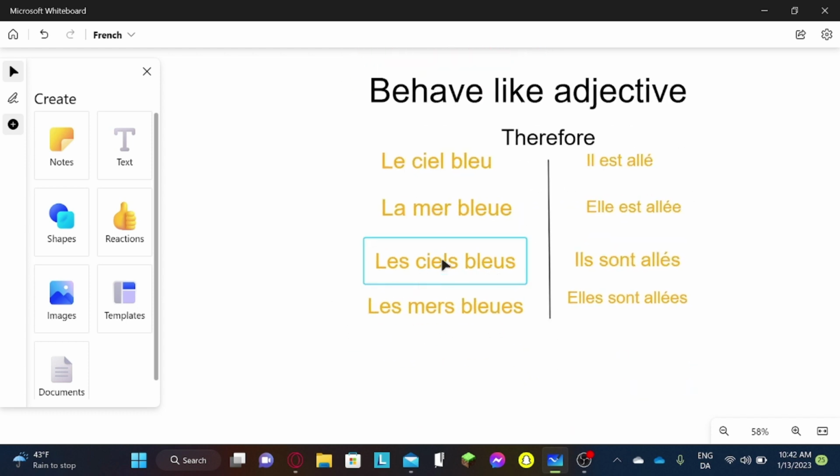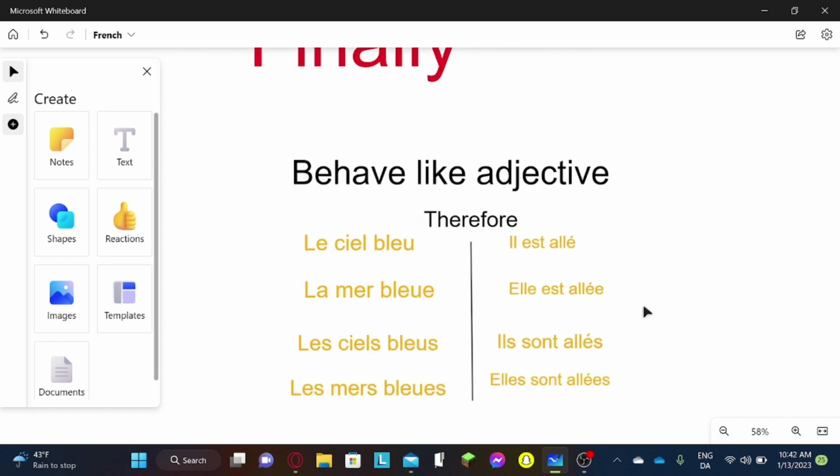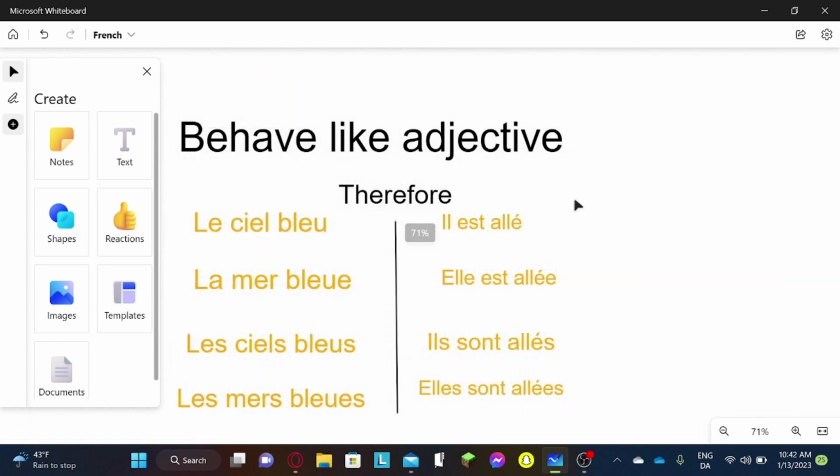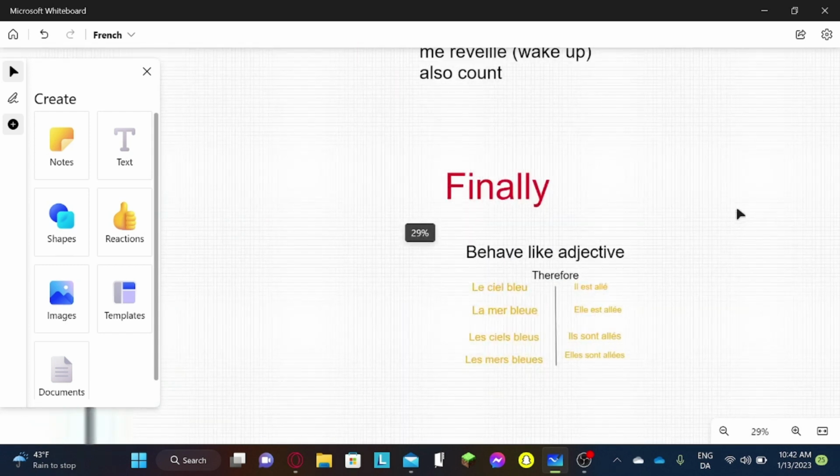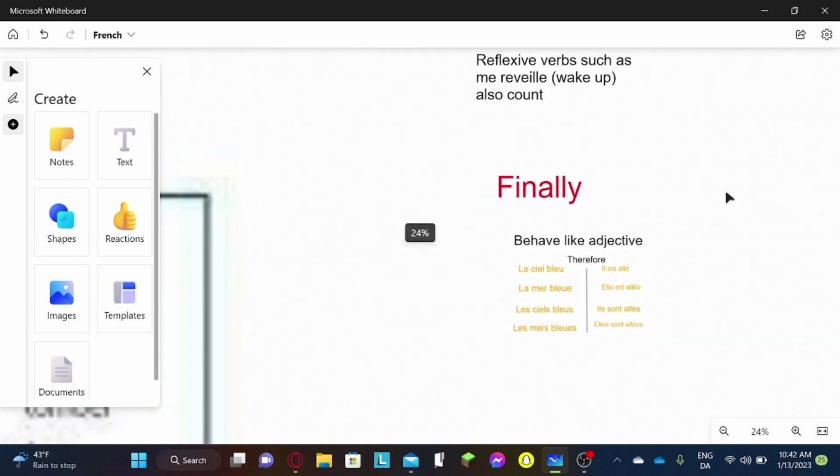The blue skies, an S gets put on, masculine, plural. And finally, an ES gets put on the feminine plural. This is the same with the être verbs, like il est allé, elle est allée with an E, ils sont allés with an S, and elles sont allées with an ES on. Now, this is only for être verbs and not avoir verbs. That is the thing to remember.